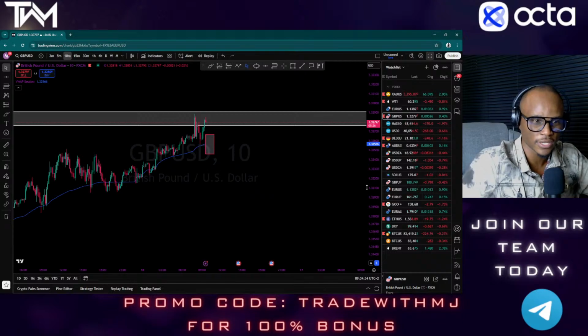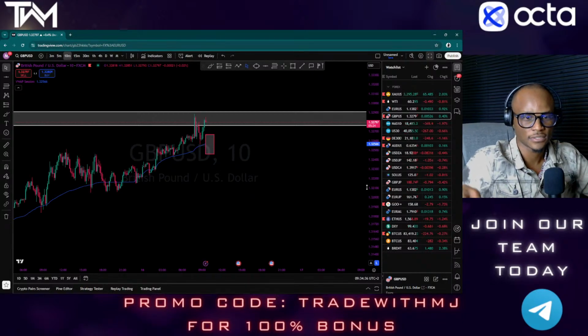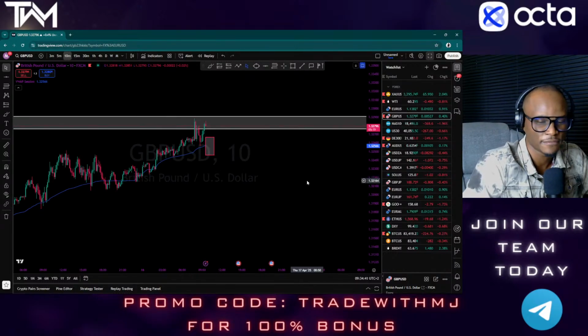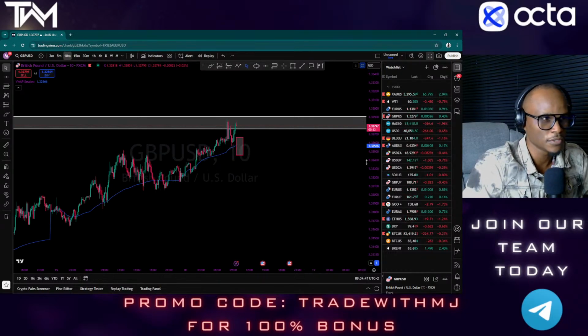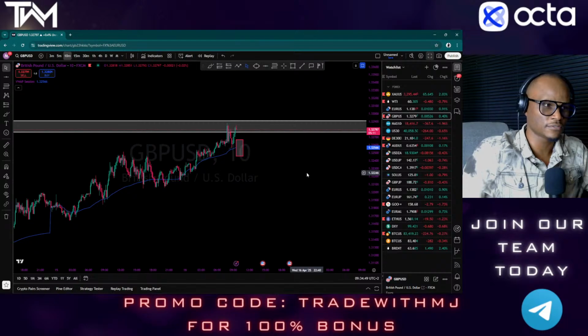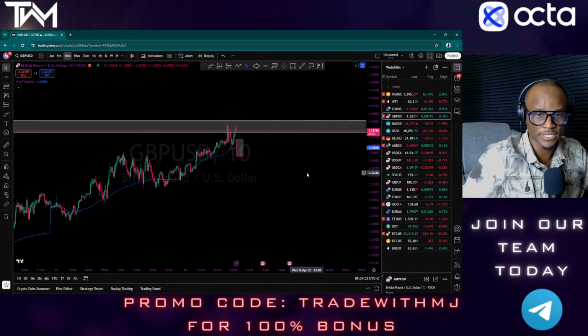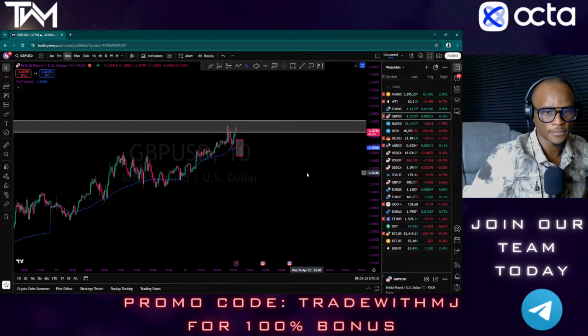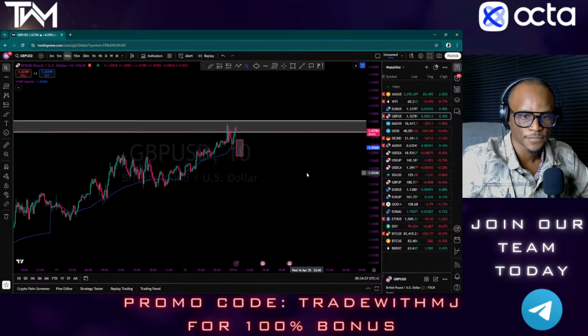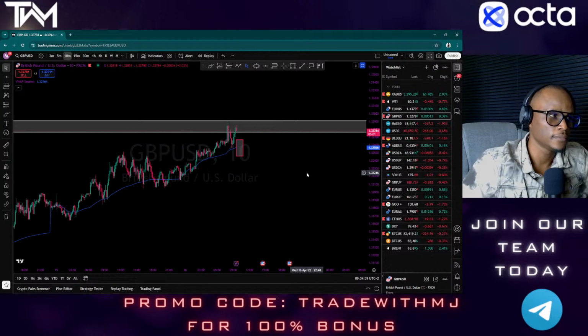Just go on the Octa website and you go to trading session. Very simple, man. Very, very easy. So maybe try it out and let me know. Then you can compare TradingView with that platform. The reason why I think Octa is not interested in TradingView is that platform is more or less like TradingView, even better in my opinion when it comes to risk management.